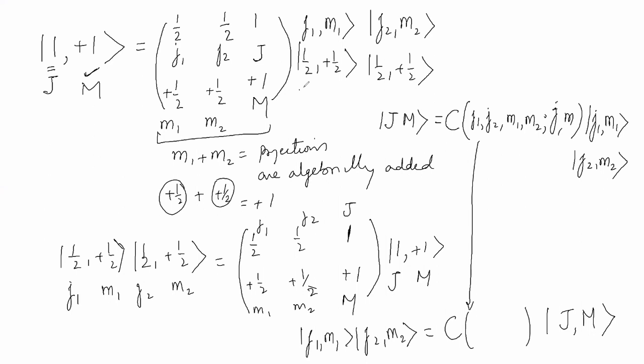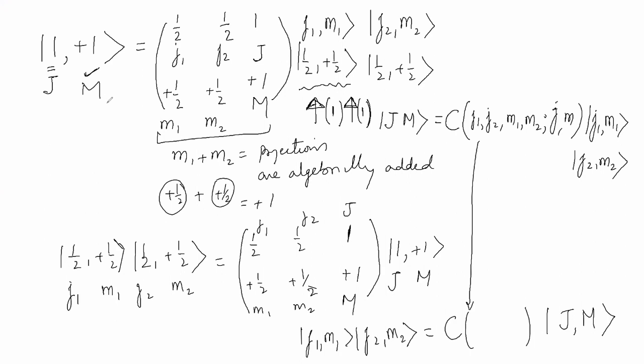Now half plus half, in the last lecture we discussed that half plus half we represent by a spin up state. Therefore, there is a state which is in the spin upward direction. This is also a state which is in the spin upward direction.